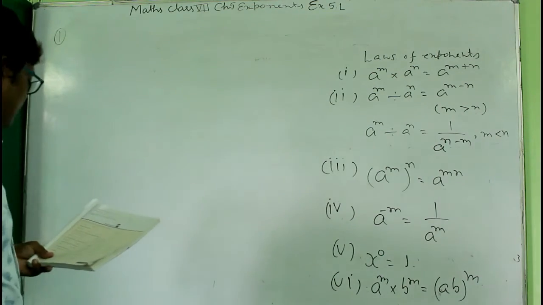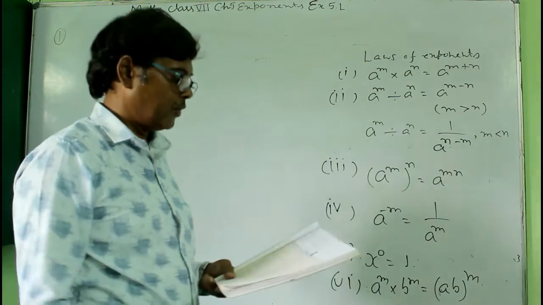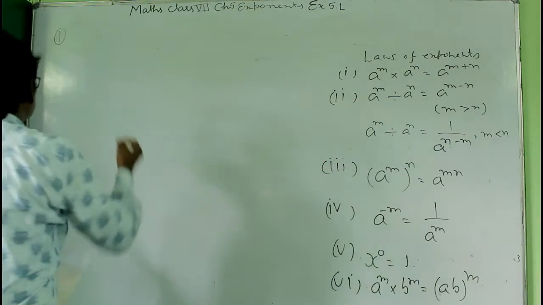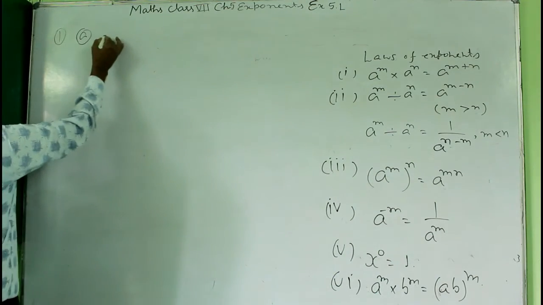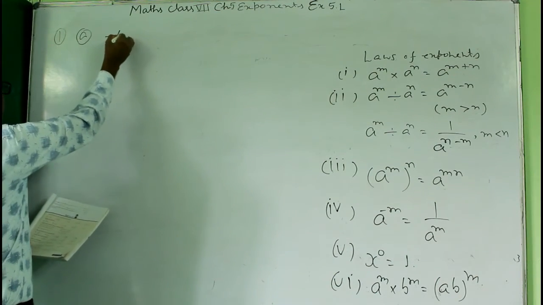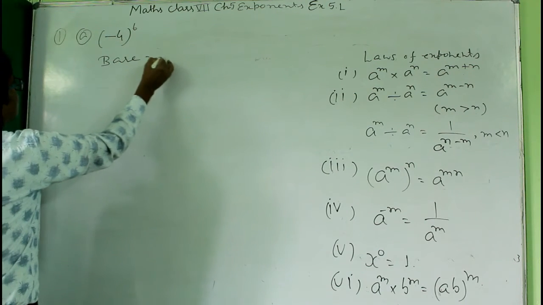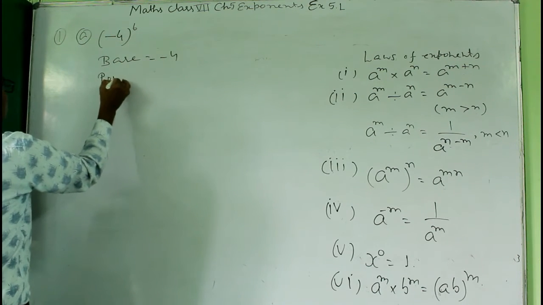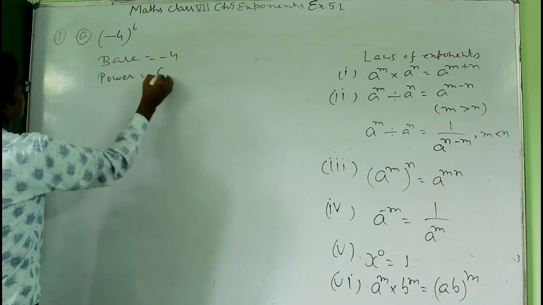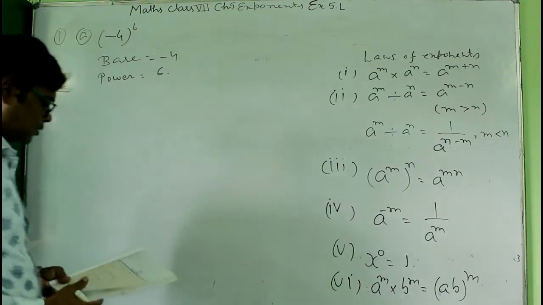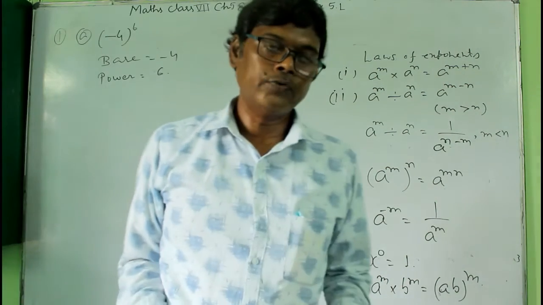In this, write the bases and the powers of each of the following. For example, question number A, minus 4 to the power 6. So here you write base equal to minus 4 and power equal to 6. Okay, that is the answer of this question.